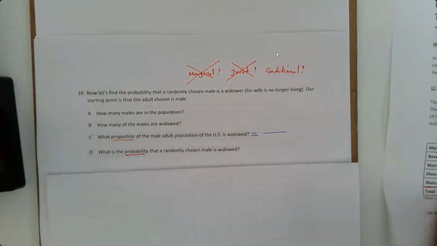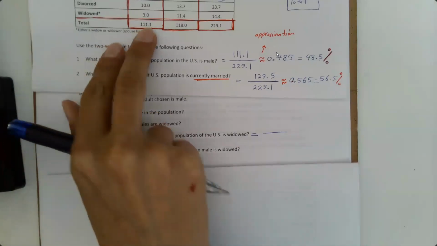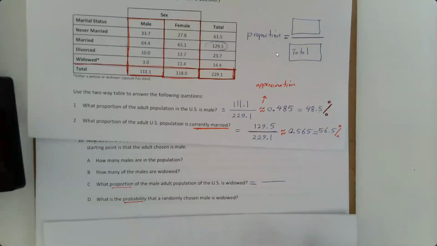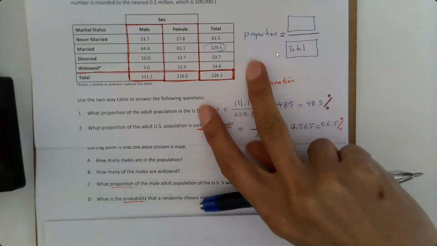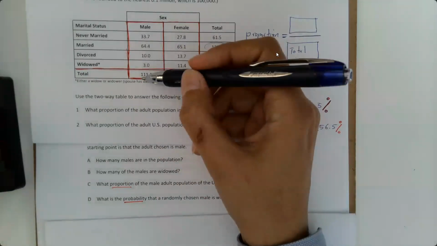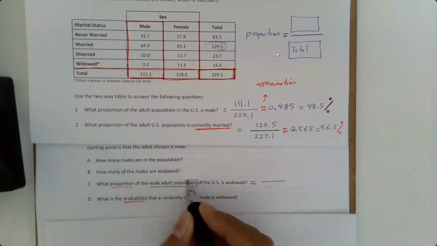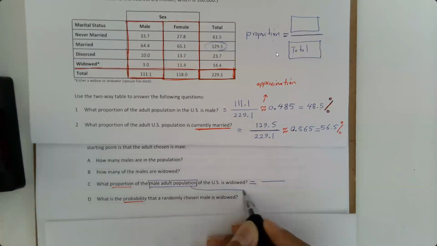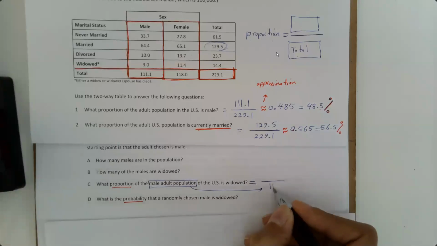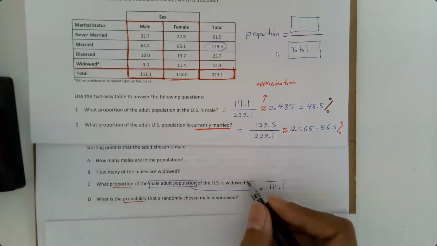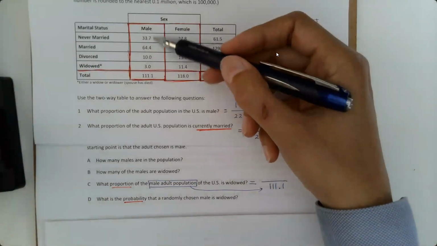But what is the male population? Take a look at your table. The table says the male population is going to be 111.1. So 111.1, this number goes on the denominator. What is on the numerator?